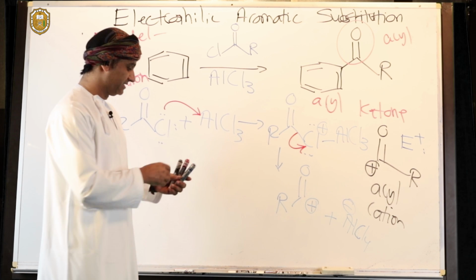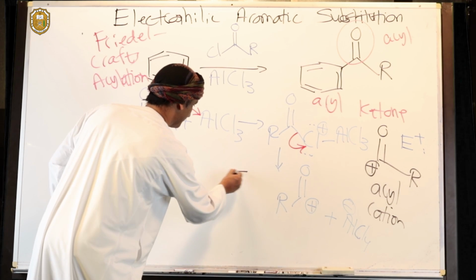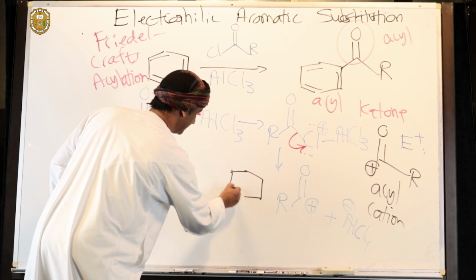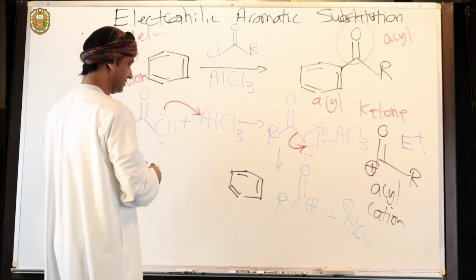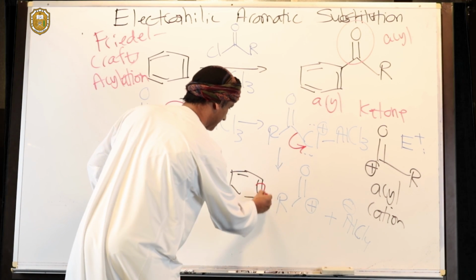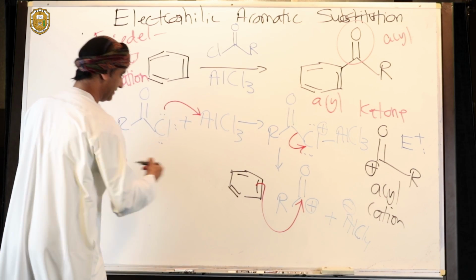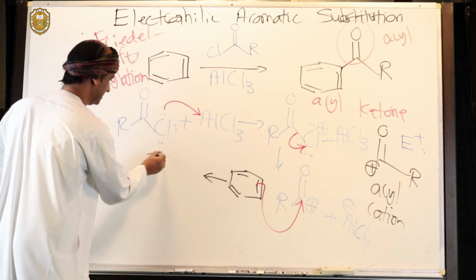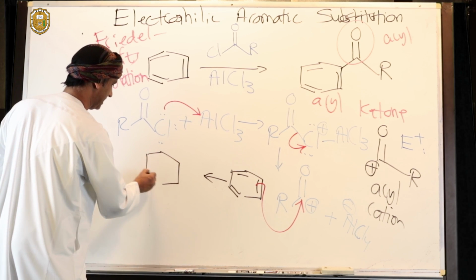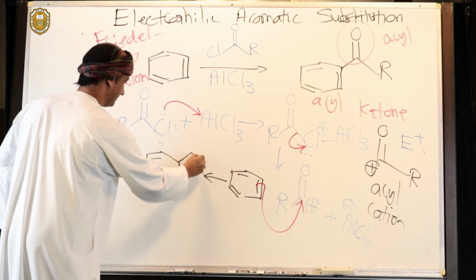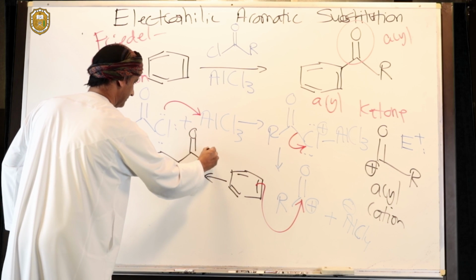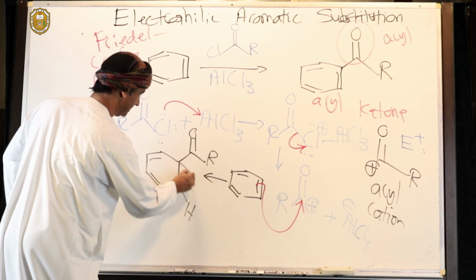Now, the benzene ring will come, and of course, it reacts with this acyl cation like that, and then we get this carbocation intermediate.